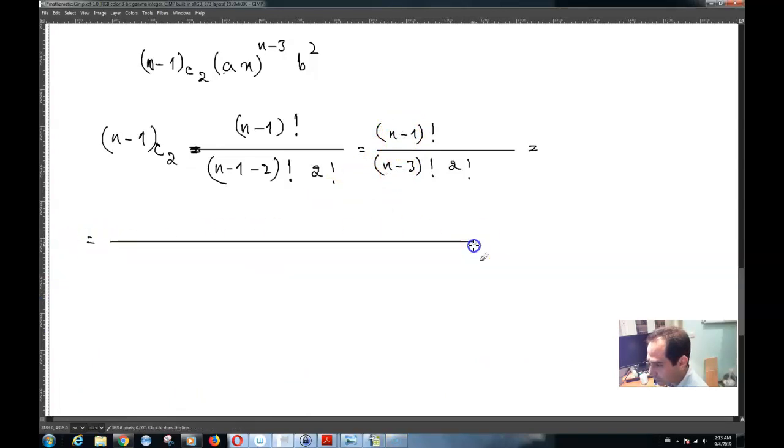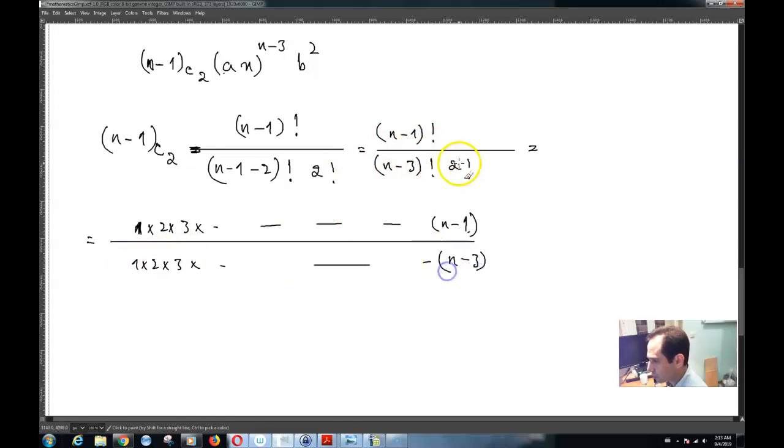basically what that means is that this is 1 times 2 times 3 times all the way up to n minus 1, and over here you have 1 times 2 times 3 all the way up to n minus 3, and then you have a 2 factorial over here, which is just a 2, or you can write it as basically 1 times 2, right?